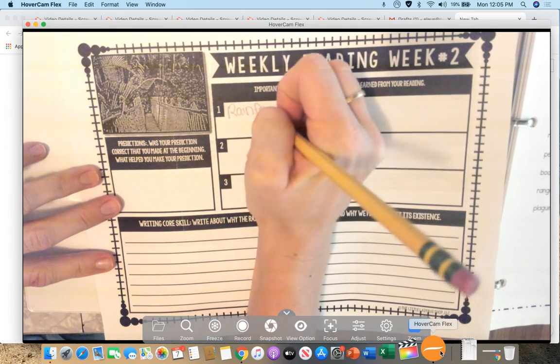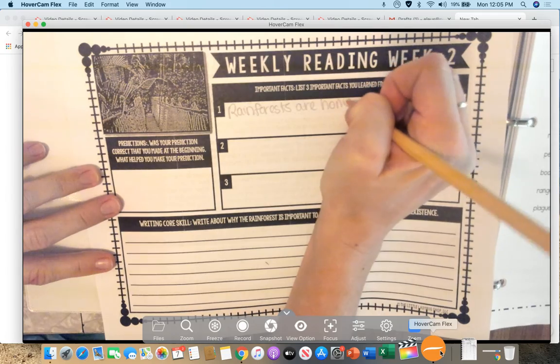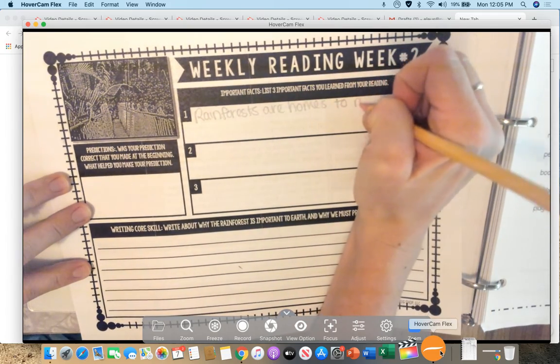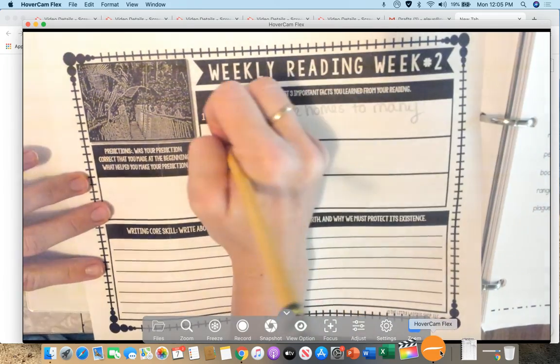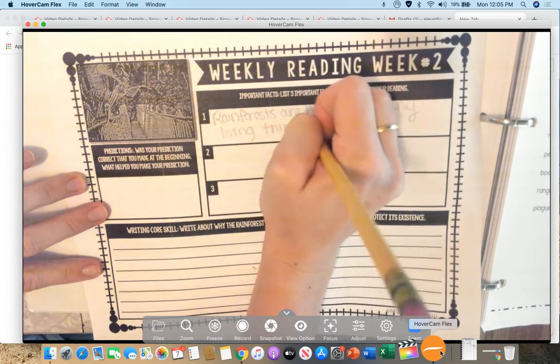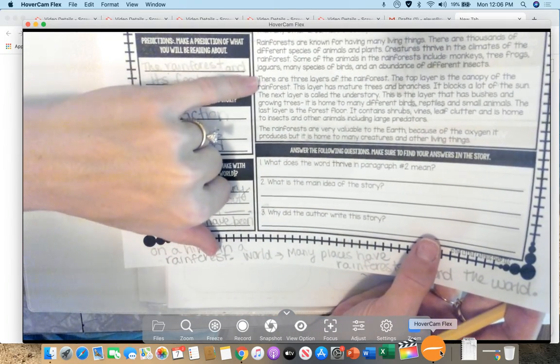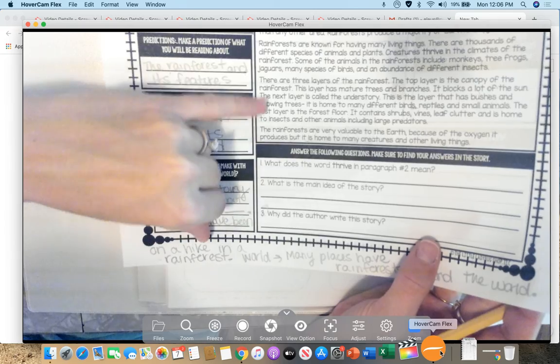Rainforests are home to many living things. I would also say that there are 3 layers of the rainforest. That's the topic sentence for this section.